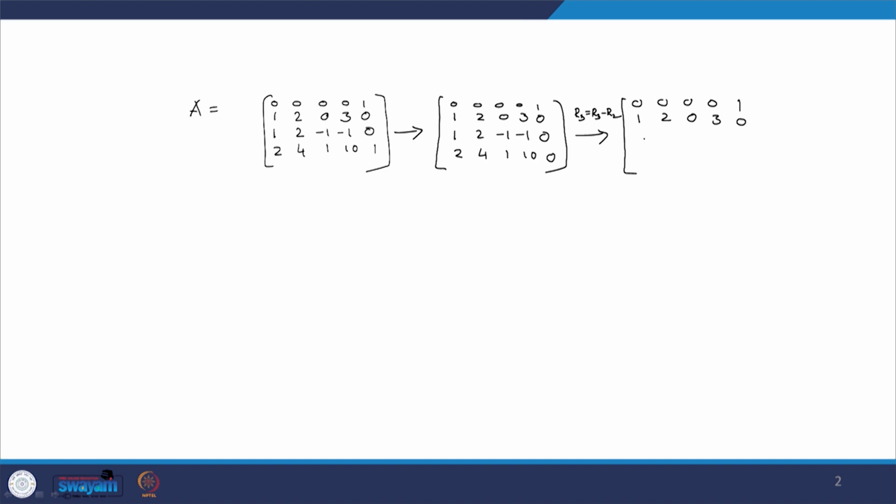If I do it, I will have 0, 0, and that is minus 1, and this will be minus 4, 0. Similarly, for the fourth row, I have to make the first entry 0, so I replace R4 with R4 minus 2 times R2. If I do it, I get 0, 0, 1, 4 and 0.